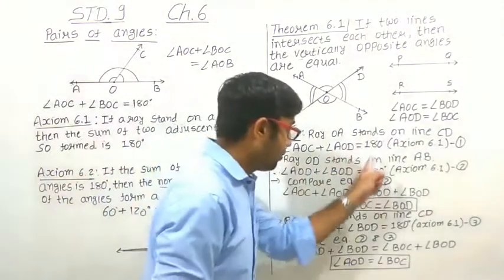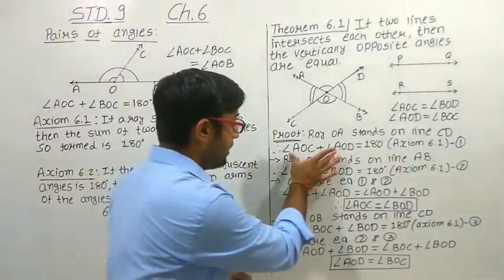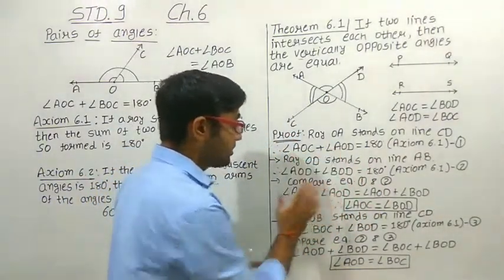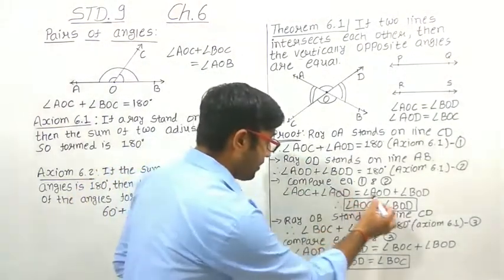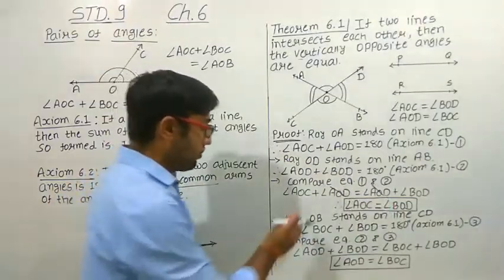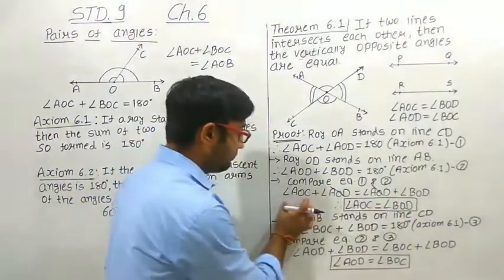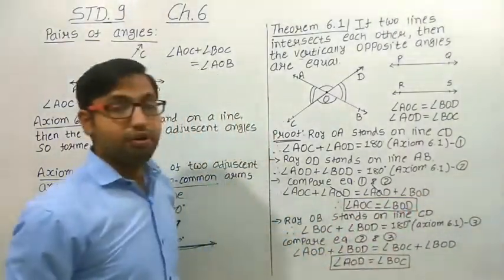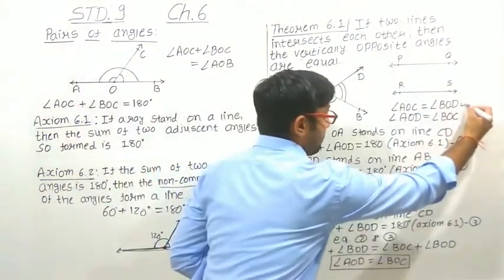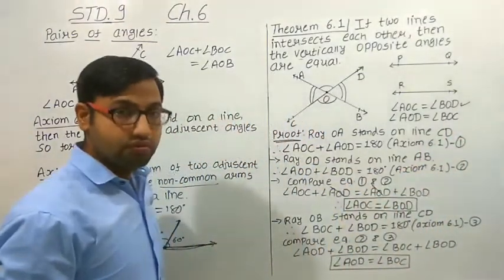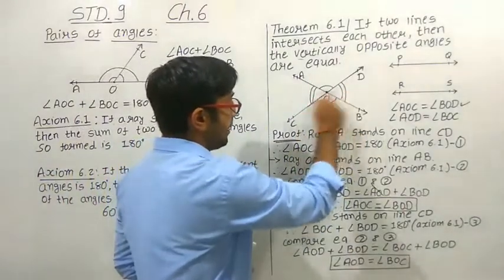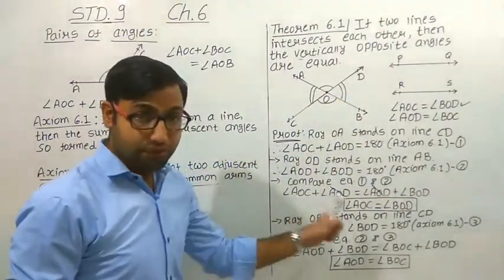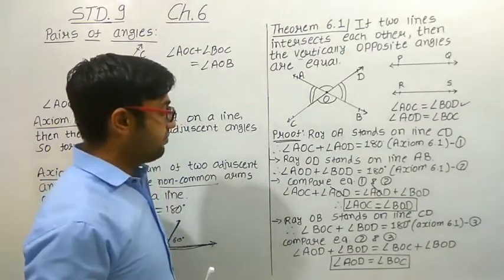Because both are equal to 180 degrees, we can write this equal to this. So here you can see that on both sides there is angle AOD, we can cancel it. So what will remain? Angle AOC equals angle BOD. That is the first pair of vertically opposite angles that we had to prove. Right? So angle AOC and angle BOD are equal. That we proved here.